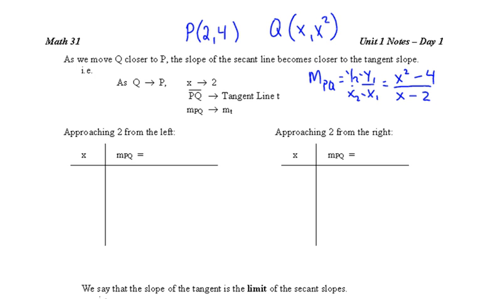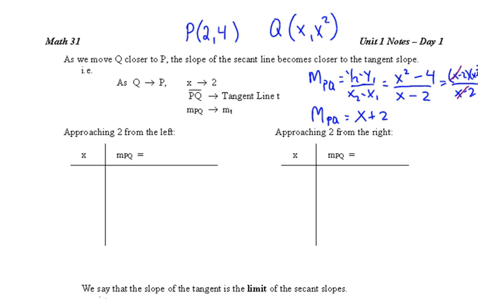Can we do anything with this? Difference of squares, factor. What does x squared minus 4 become? x minus 2 times x plus 2. Over x minus 2, the x minus 2 cancels, and the slope of our secant line going through 2 and 4 is x plus 2.